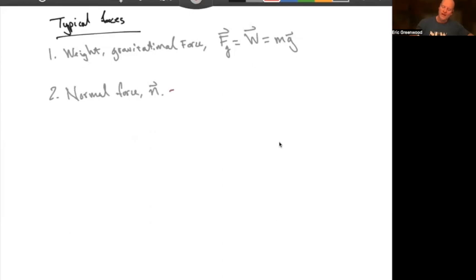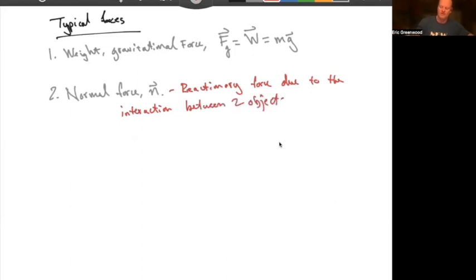Our normal force is a reactionary force due to the interaction between two objects, and it's perpendicular to the interface between the objects.